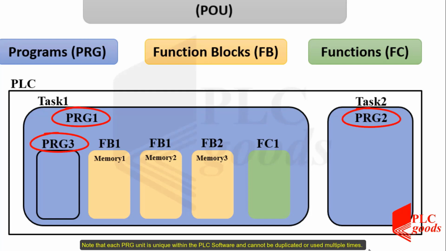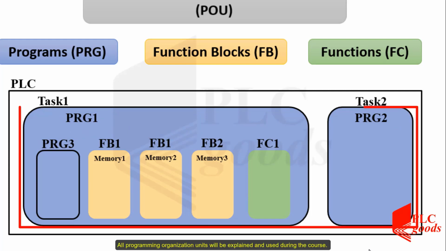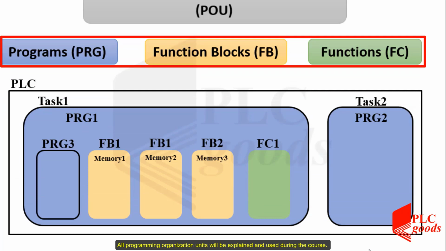Note that each PRG unit is unique within the PLC software and cannot be duplicated or used multiple times. Each PRG unit can call others, such as functions or function blocks. All programming organization units will be explained and used during the course.